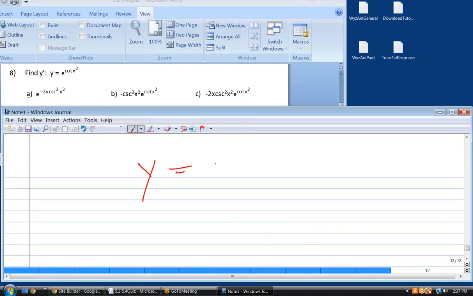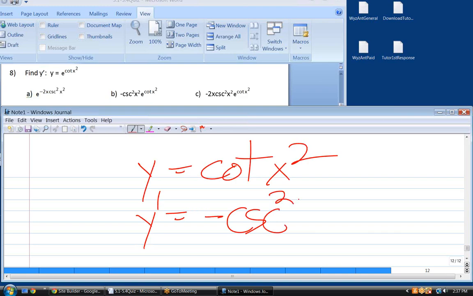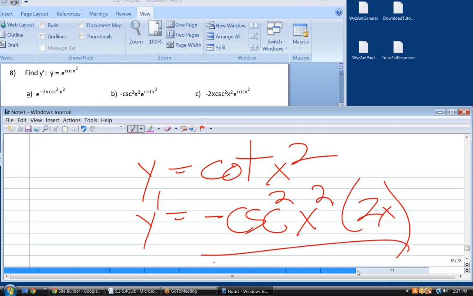If y equals cotangent of x squared, then y prime equals negative cosecant squared of x squared times 2x. In other words, the derivative of cotangent is negative cosecant squared. All right.